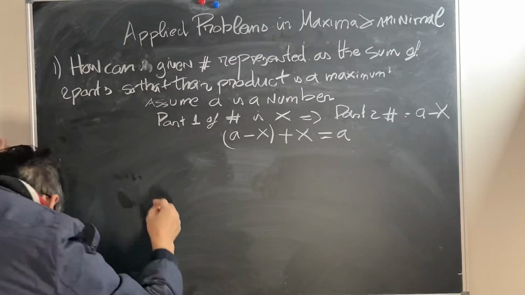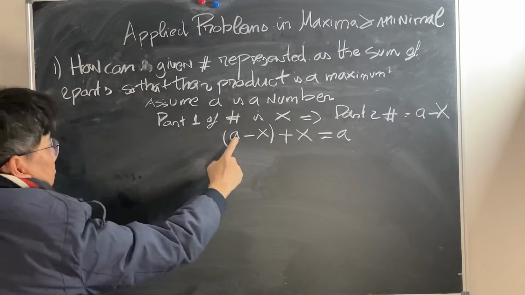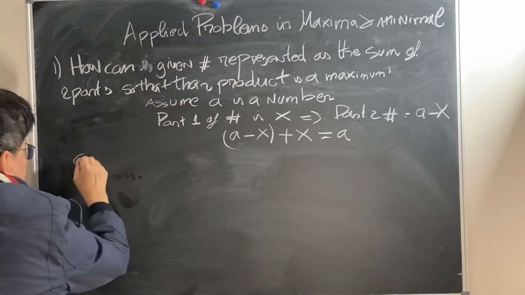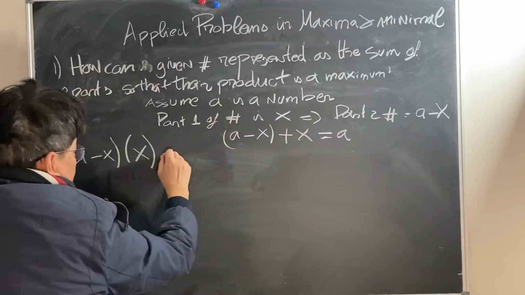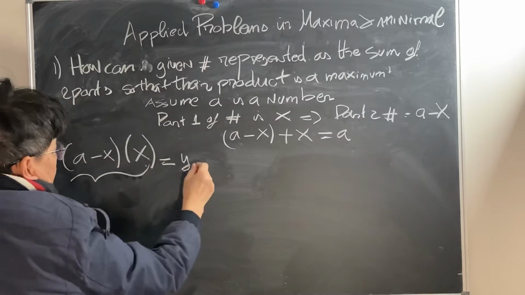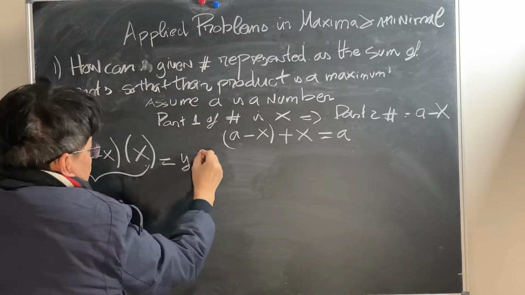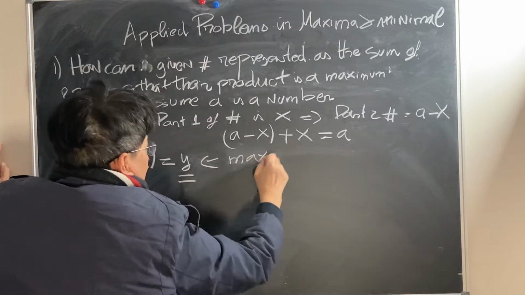Okay, and we need to find the maximum of their product. So their product means a minus x times x. Let's say it equals y. This is their product. We need to find the maximum of this, a maximum problem.